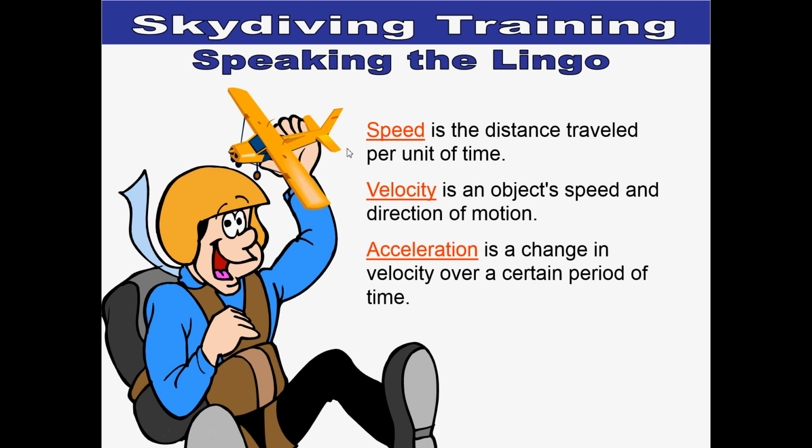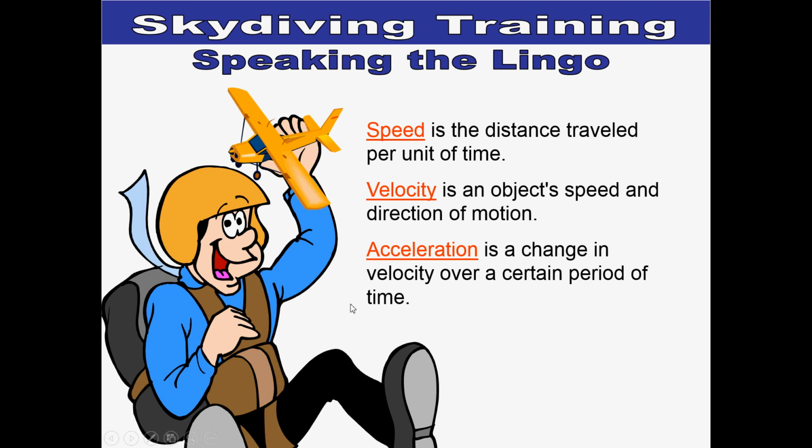So we could say 10 feet per second, a distance divided by time, or 40 miles per hour, a distance of 40 miles divided by hour. Velocity is the same thing, but with a direction. So if you said 10 feet per second east or 40 miles per hour up, that would be a velocity. You have to have a direction. For those of you in physics, speed is a scalar unit and velocity is a vector unit.